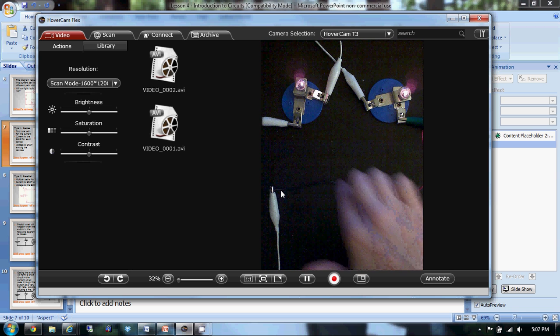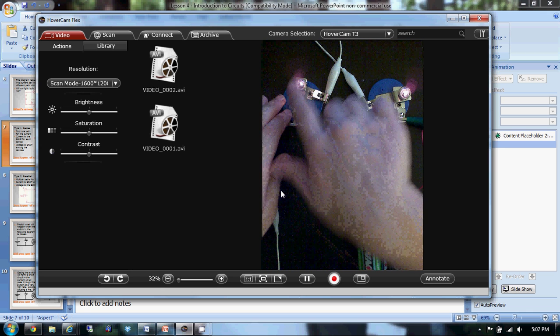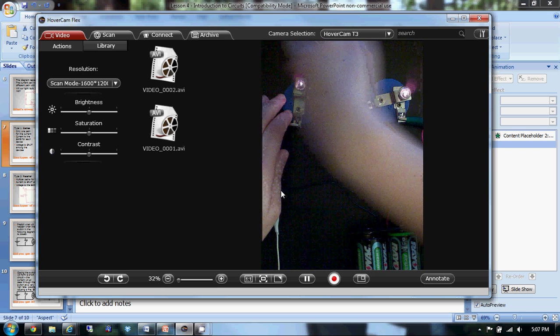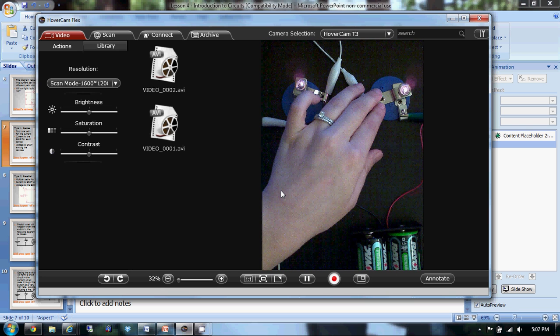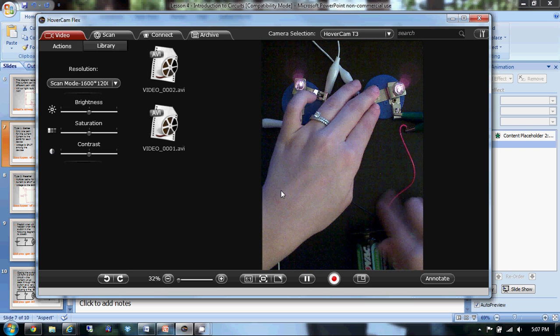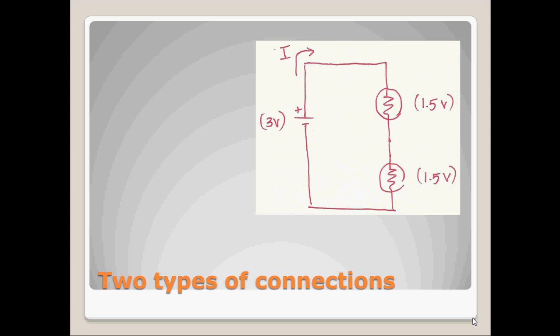So we've got the current traveling through this wire, through this light bulb, then through this wire, over to this light bulb, which then connects back again to our battery. What I hope you'll notice is that the lights are much dimmer than they were before. They're still giving off light, but it's not nearly as bright as it was previously.